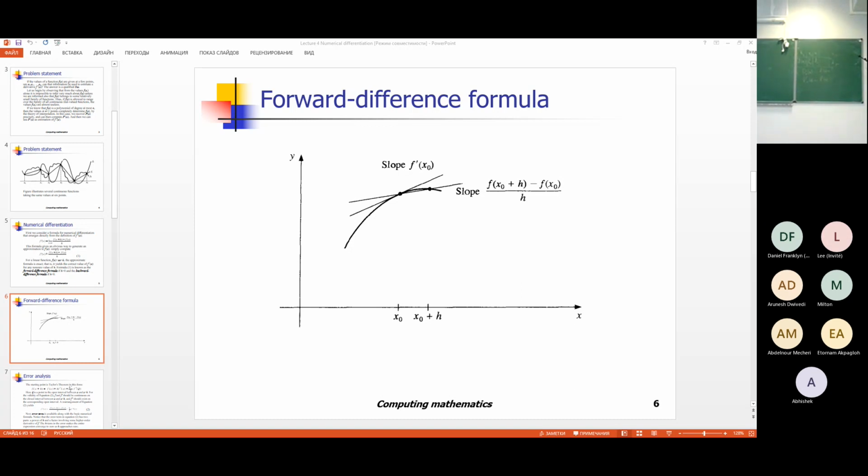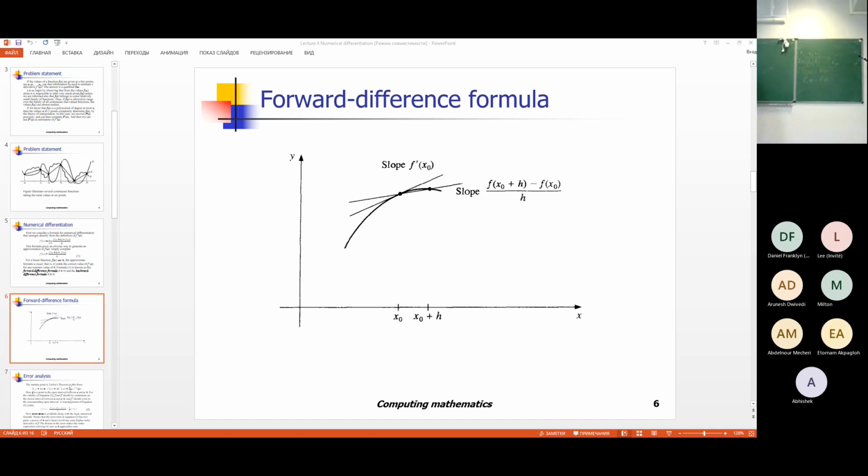But we consider the point x0 equals 1. What is the value of the derivative at the point x0? It's 3. This is the real value: f prime of x0 equals 3.